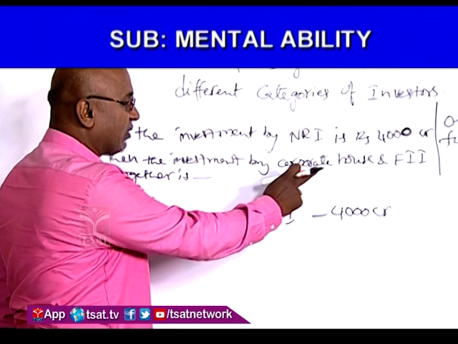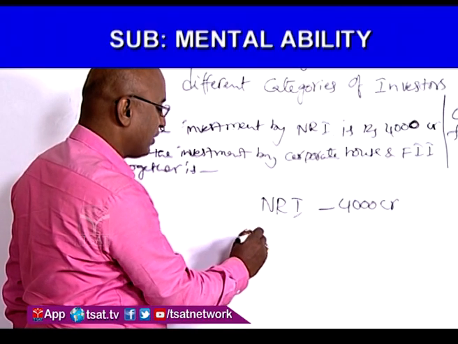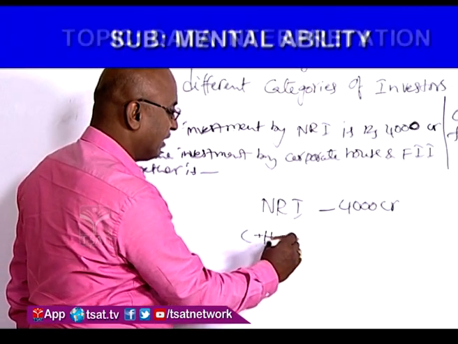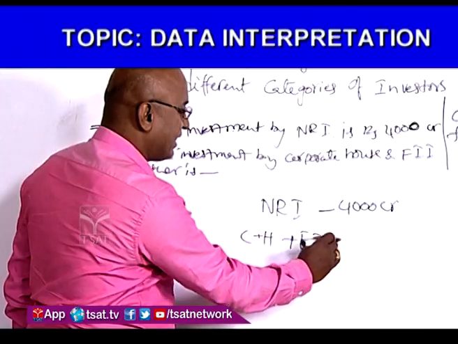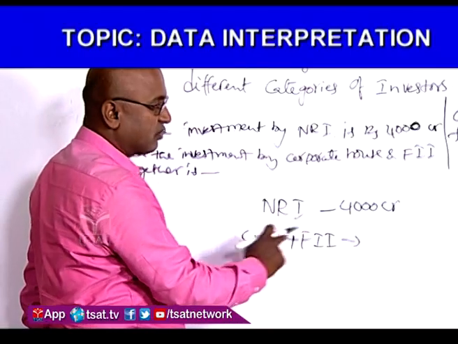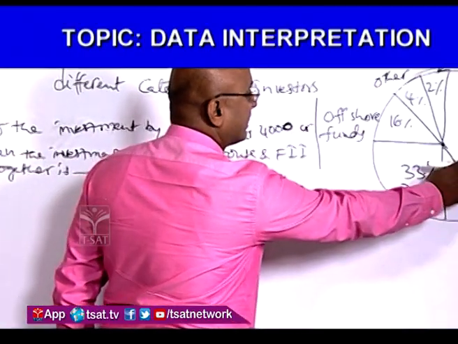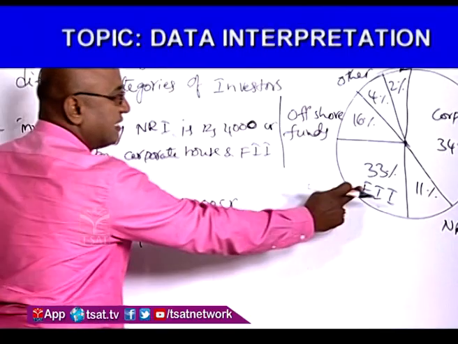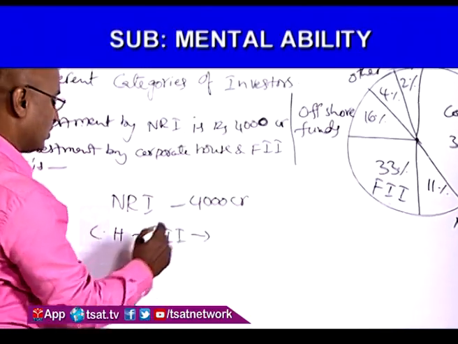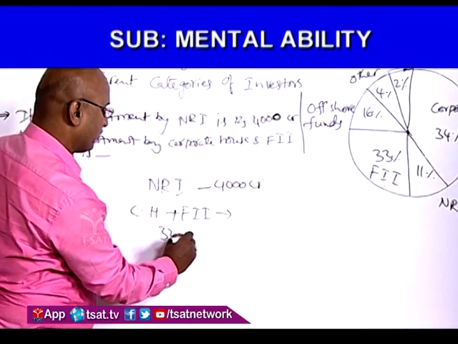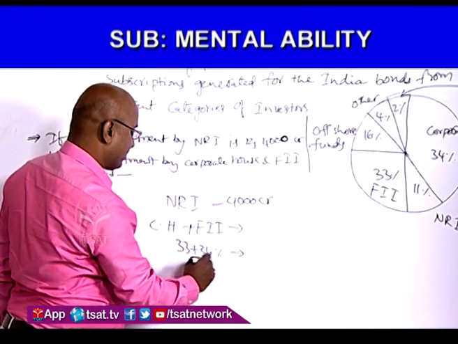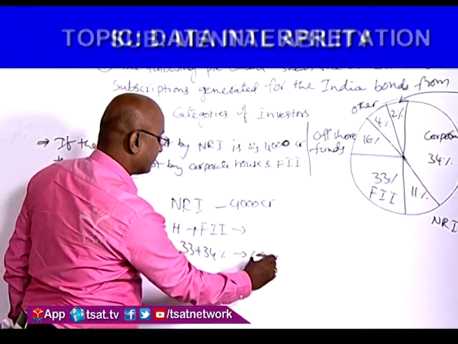Then the investment by corporate house and FII together, their share is how much? Corporate house is 34% and FII is 33%. So 33 plus 34 is equal to 67%.